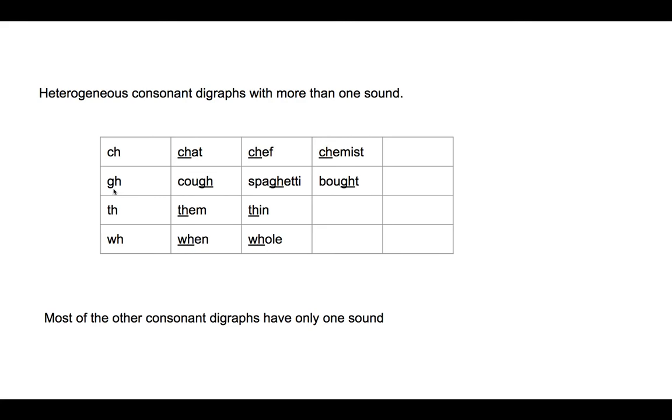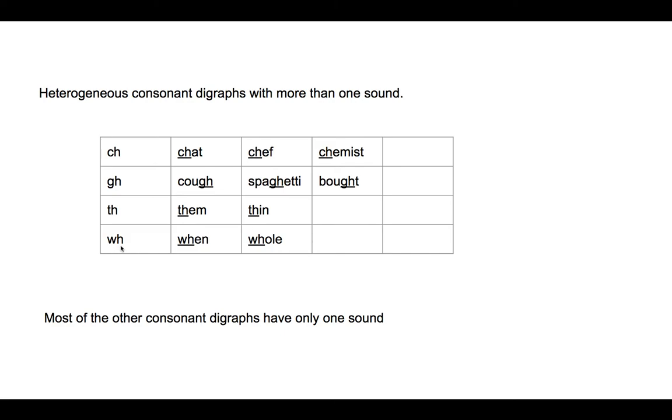The digraph GH sounds in three different ways: f, g, and this one is silent; f as in cough, g as in spaghetti, silent as in bought. The digraph TH has two different sounds: the, th; the as in them, th as in thin.